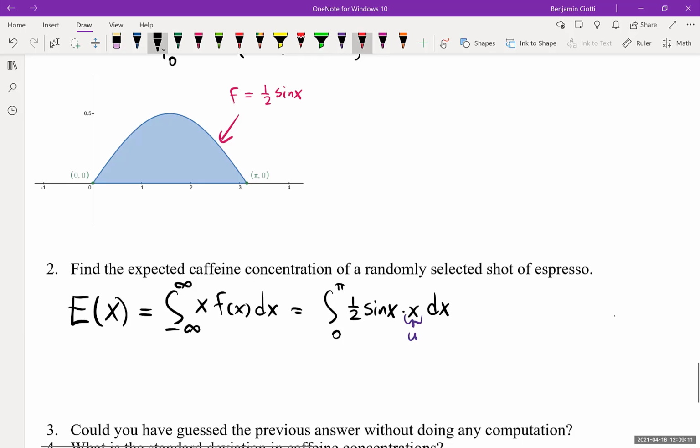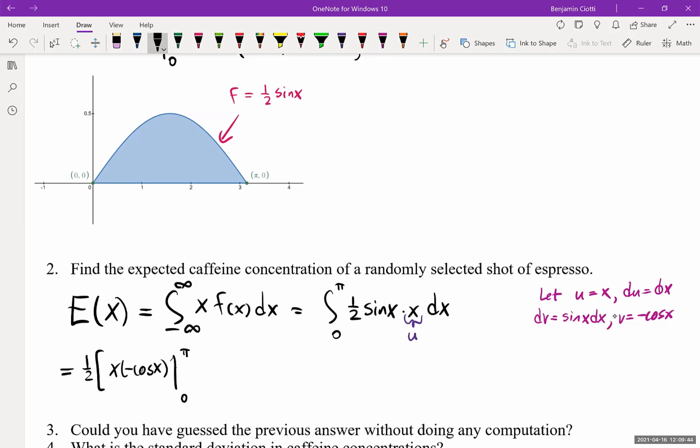So let's let u equal x. So du is dx, and dv is sine x dx, which means v was negative cos x. And I'll get, let's see, so u times v is x times negative cos x.